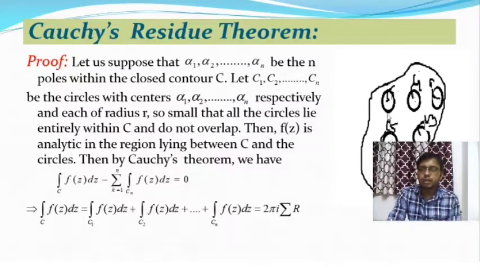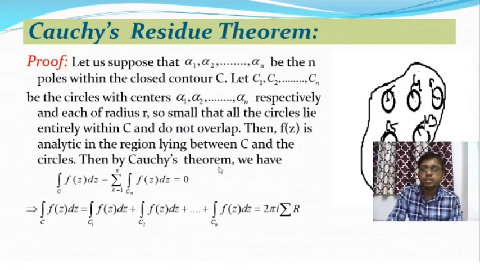C1, C2 and up to Cn are circles whose centers are at the points alpha 1, alpha 2 and up to alpha n respectively, and each has a small radius, and these radii are so small that all the circles lie entirely within the closed contour C and do not overlap. So then f of z is analytic in the region lying between C and the circles.